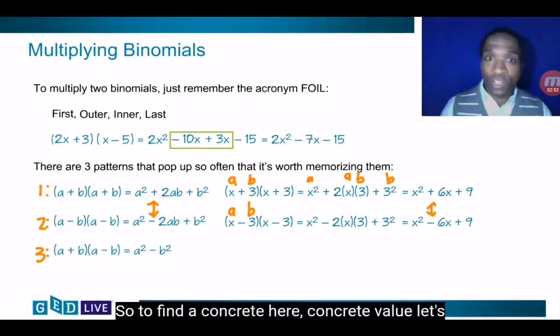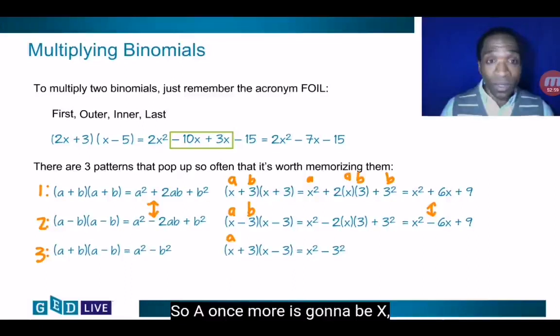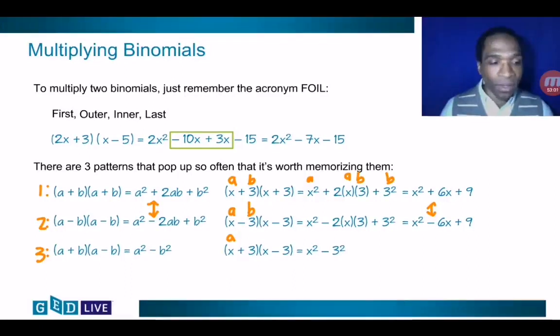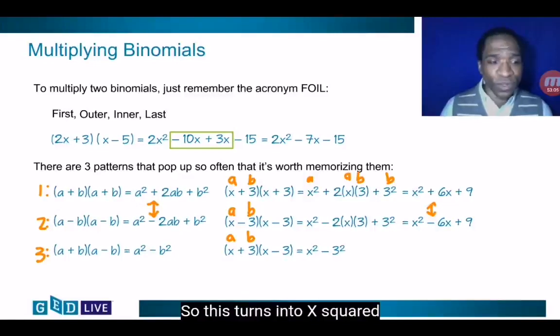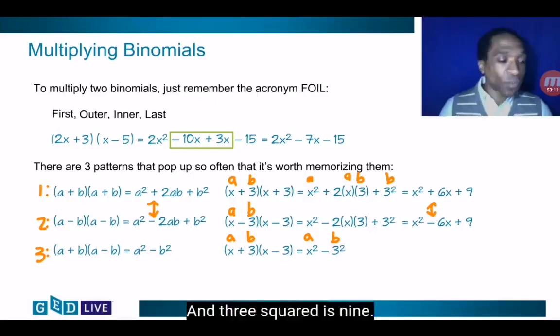So to find a concrete value, let's say that b in this case, again, is 3. So a once more is going to be x. We're substituting x in for a. We're substituting 3 in for b. So this turns into x squared minus 3 squared. And 3 squared is 9.